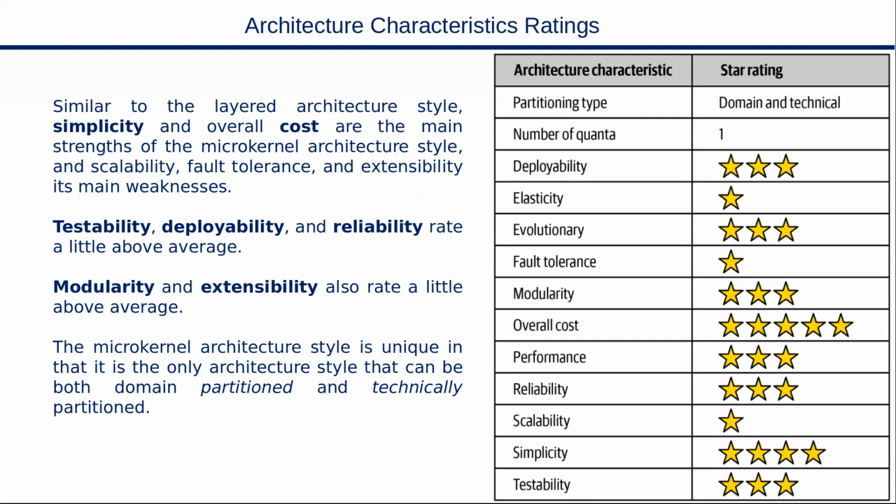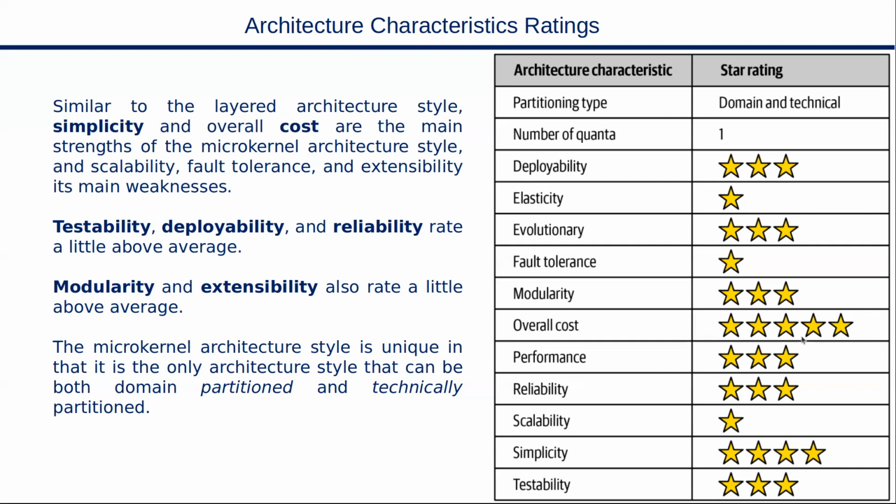Now let's take a look at the architectural characteristics of the microkernel architecture. As you can see, in general it is a little bit better if we compare it with monolithic. But okay, let's take a look, for example, at the overall cost. Overall cost is quite good.